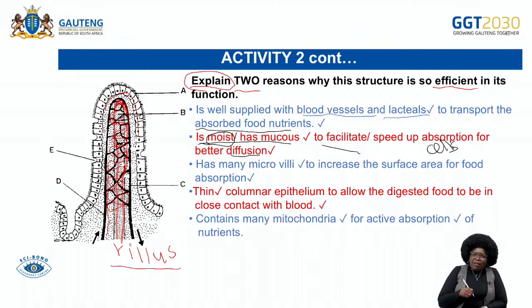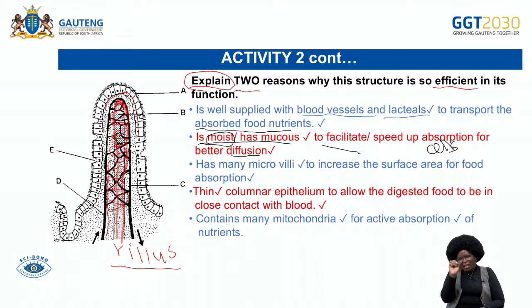It is thin. A single film of columnar epithelial cells, right? They allow the digested food to be in close contact with the blood. Thin, so the digested food is very close to the blood.